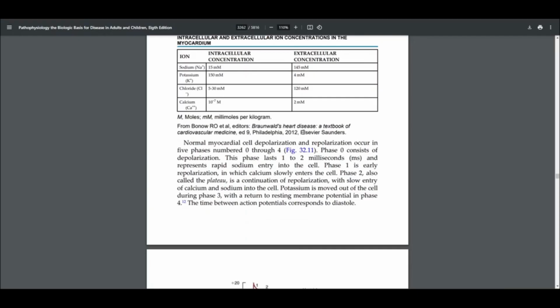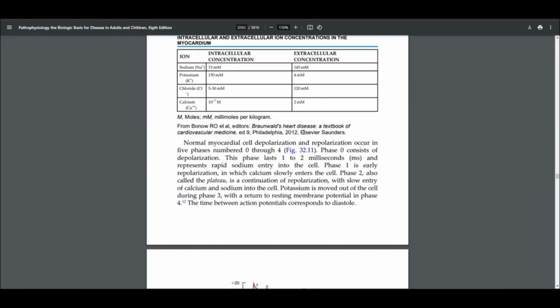Normal myocardial cell depolarization and repolarization occur in 5 phases, numbered 0 through 4. Phase 0 consists of depolarization. This phase lasts 1 to 2 milliseconds and represents rapid sodium entry into the cell. Phase 1 is early repolarization, in which calcium slowly enters the cell.